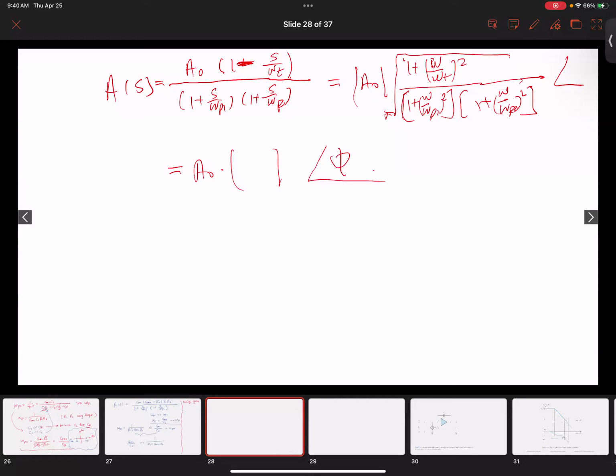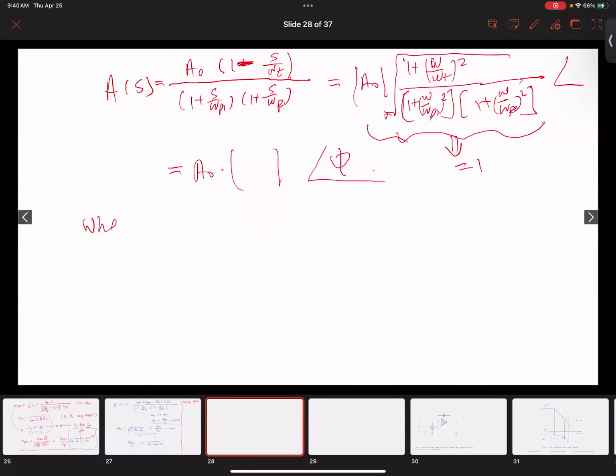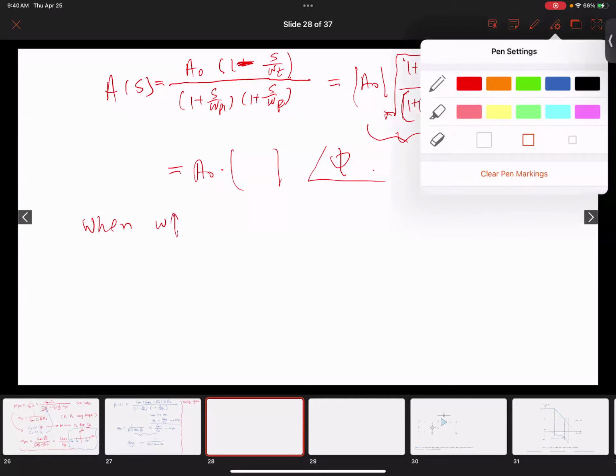As you can see here, if we let the whole thing here equal to 1, that's called a unit gain. Let me further write down here.